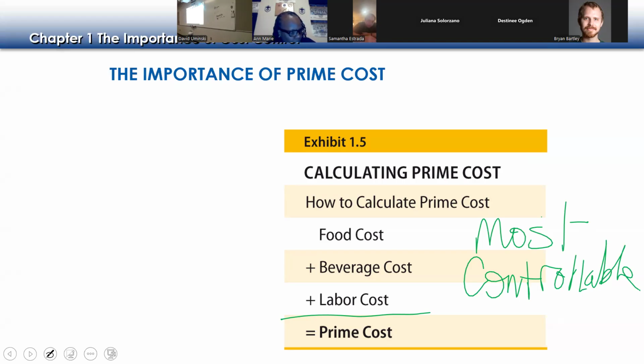We can control how much product we order based on the inventory we have on hand. If we're going to be really busy, we're going to stock up on inventory. If we're not going to be busy, we're not going to order as much.